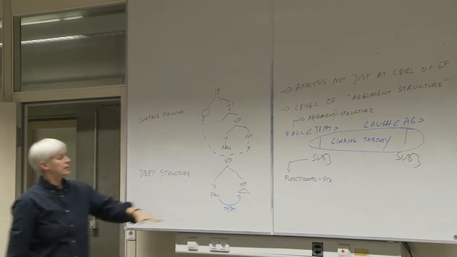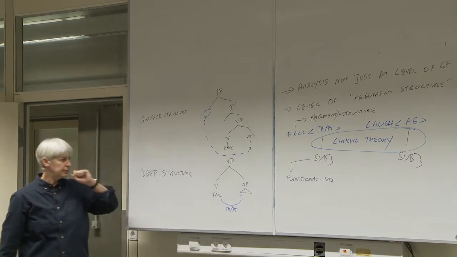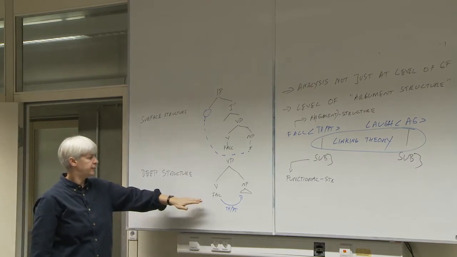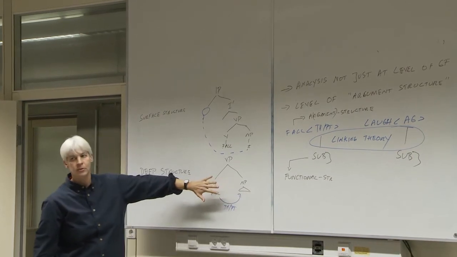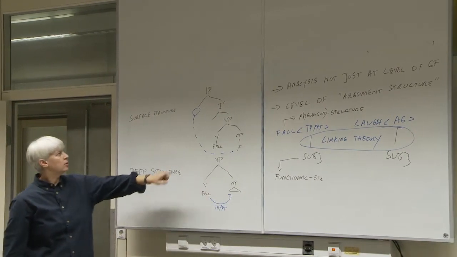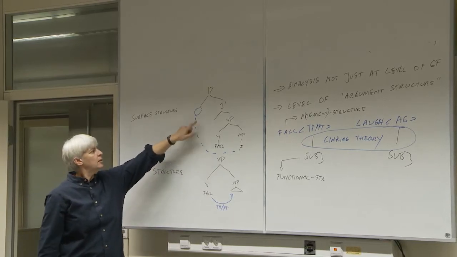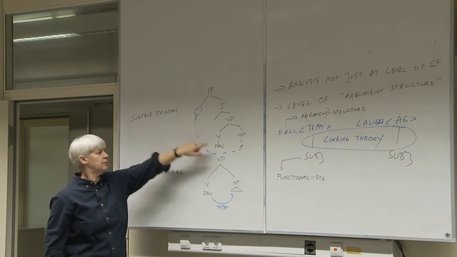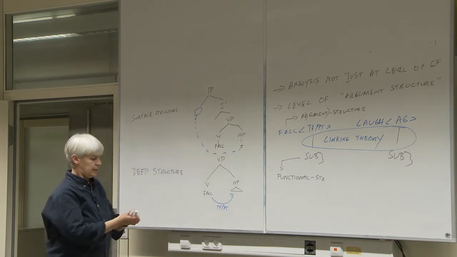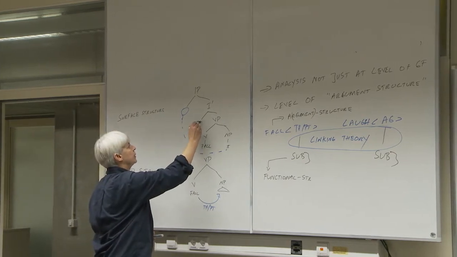This is the 80s style Chomskyan take, government binding. You have the relationship of argument structure at deep structure, and then in order to account for the way it actually is on the surface, you have some kind of movement. So this would be Peter fell, and past tense would be up here, right? Something like that.